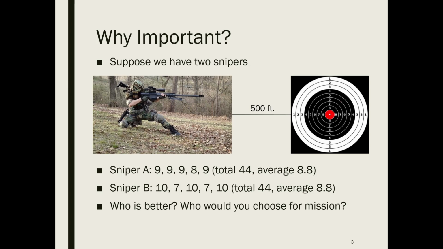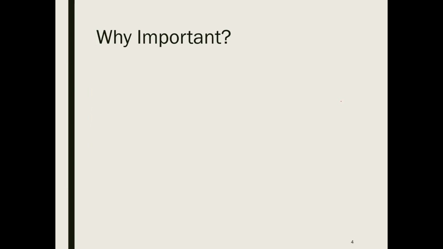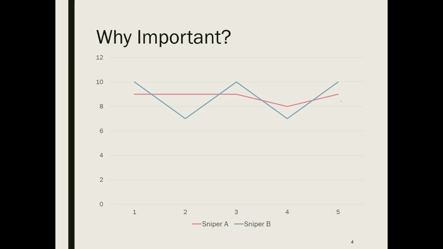Compared to sniper B, well, sniper B can do a very good job, but he can also do some bad jobs like 7 as well, right? So based on your instinct, you will usually pick sniper A. If we picture it, you will see the blue line shows sniper B, and the red line shows sniper A. Sniper B goes up and down while sniper A is very stable. So common people would pick sniper A.